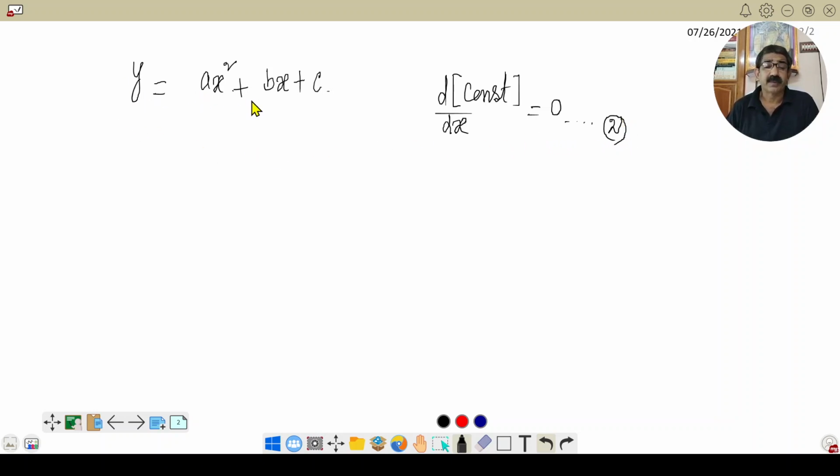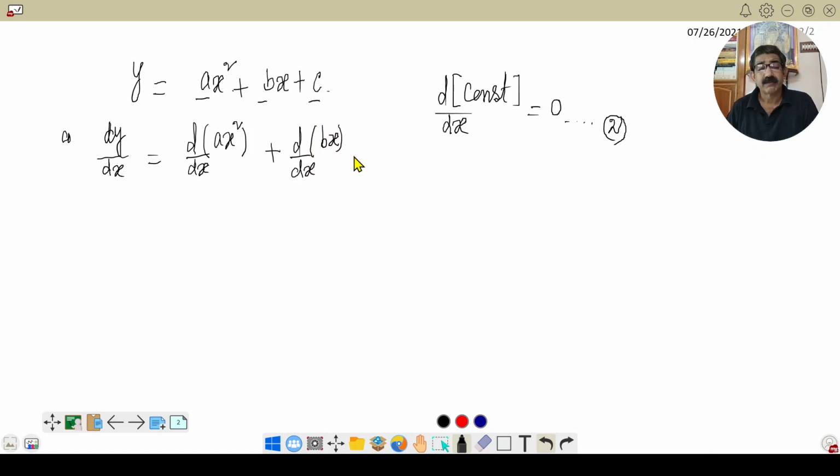Now a, b and c all are constants. So dy by dx is equal to d dx of ax square plus d dx of bx plus d dx of c.